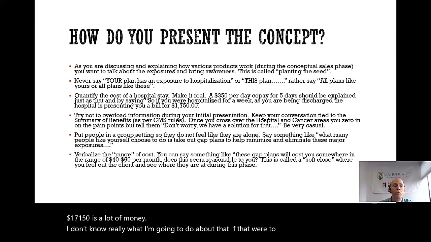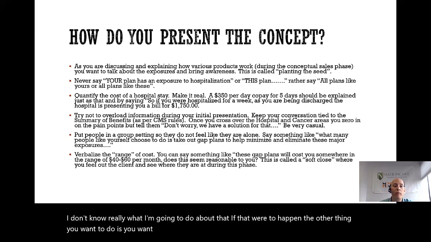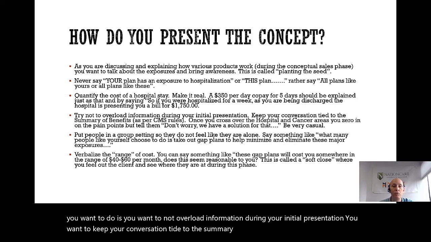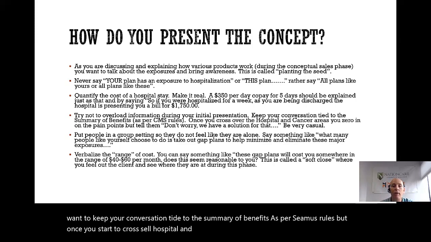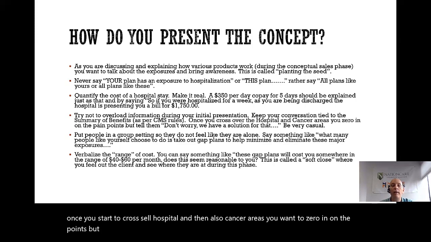The other thing you want to do is not overload information during your initial presentation. You want to keep your conversation tied to the summary of benefits as per CMS rules. But once you start to cross-sell hospital and then also cancer areas, you want to zero in on the points, but tell them not to worry, that you have a solution for that. You want to be very casual.